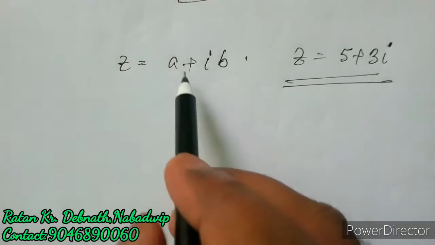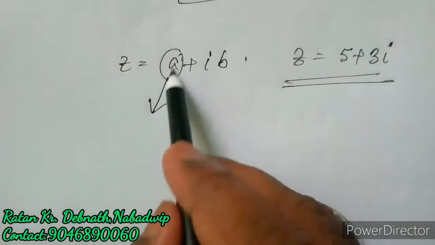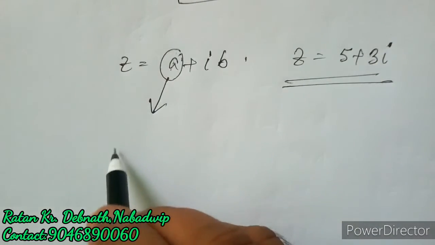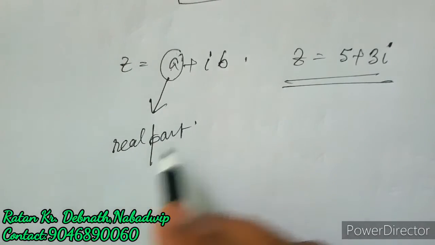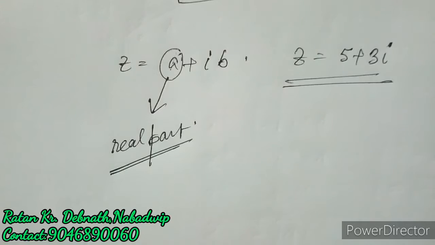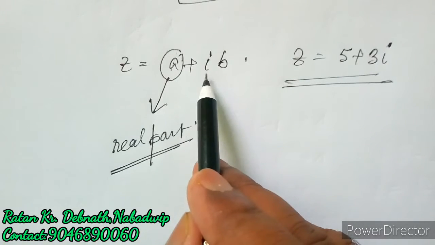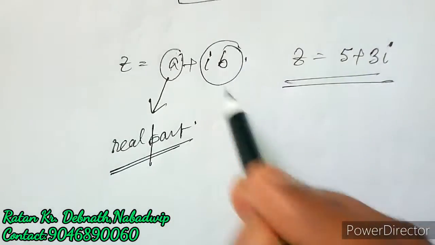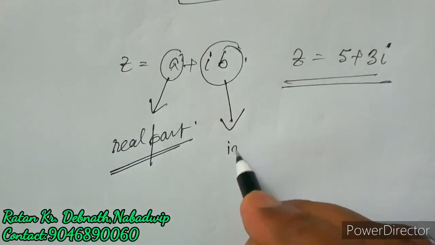Now we call this part the real part, because there is no imaginary number like i, and we call this part the imaginary part.